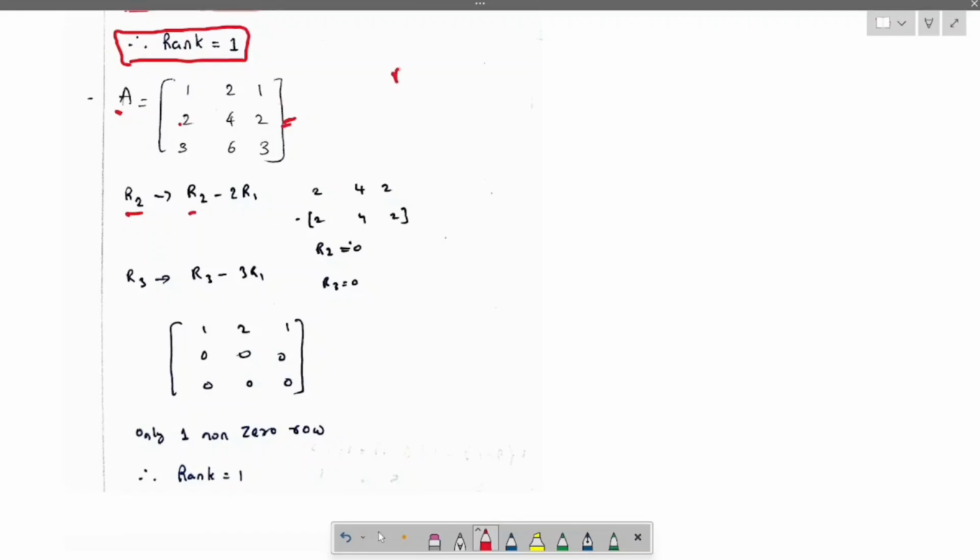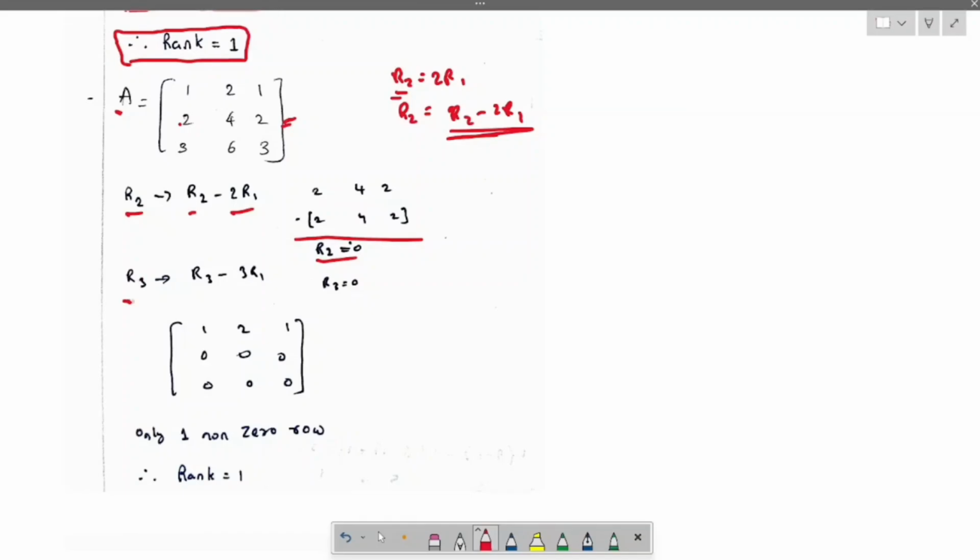This will give us the zeros. Like 2, 4, 2, and 2R1 is the same 2, 4, 2. When you subtract, we get R2 as 0.